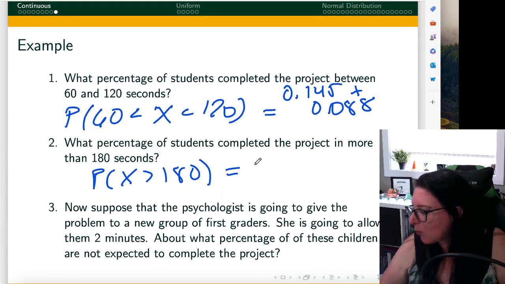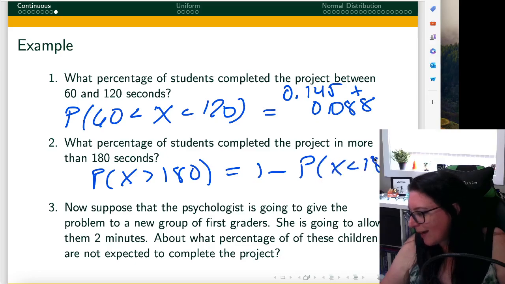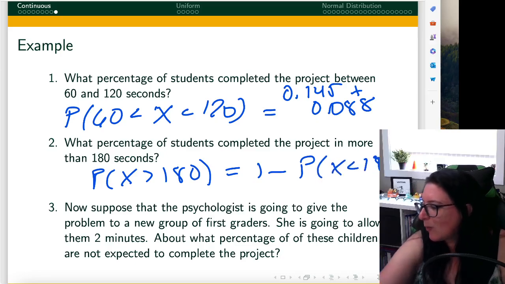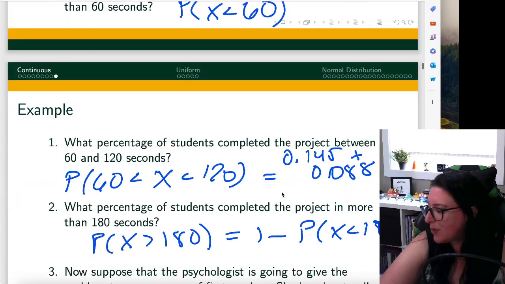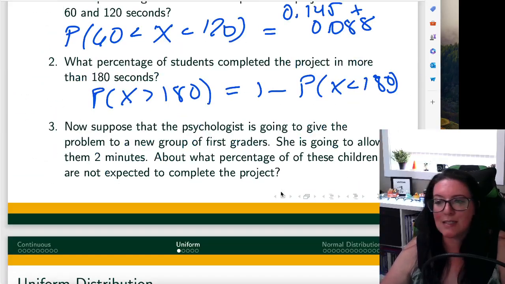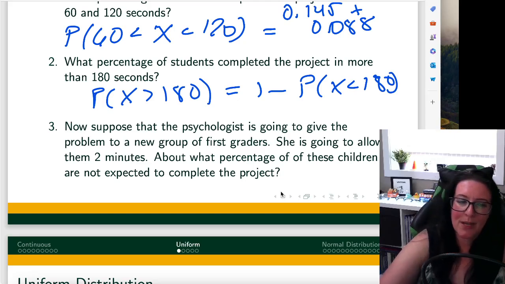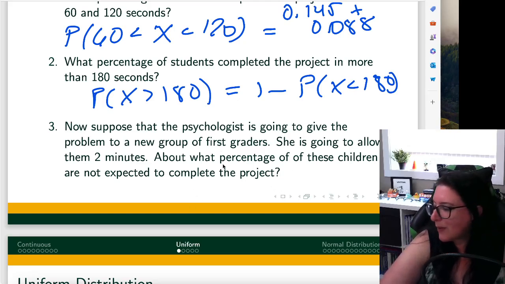So you could take 1 minus the probability that x is less than 180, which we would get by adding up all these numbers: 0.393 plus 0.239 plus 0.145 plus 0.088 plus 0.053 plus 0.032. Subtract that from 1, and we would get the probability the project takes more than 180 seconds.